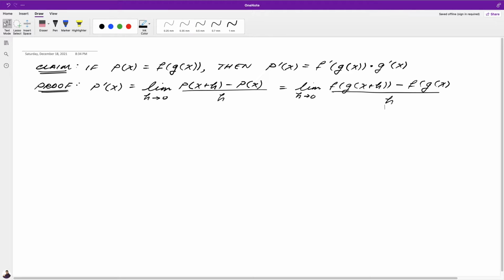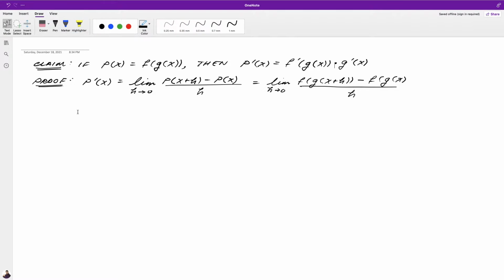Now, at this point, I kind of want to try to manufacture a g prime of x. Let's see. Yeah, what I'm going to do is multiply top and bottom here by g of x plus h minus g of x. So we have a limit as h trends to 0.